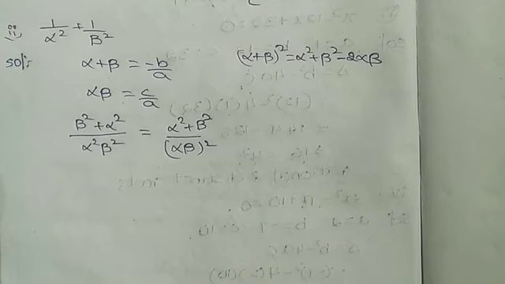Now taking a square as LCM, b square minus 2ac divided by c square by a square. A square cancels. So the answer is b square minus 2ac by c square.